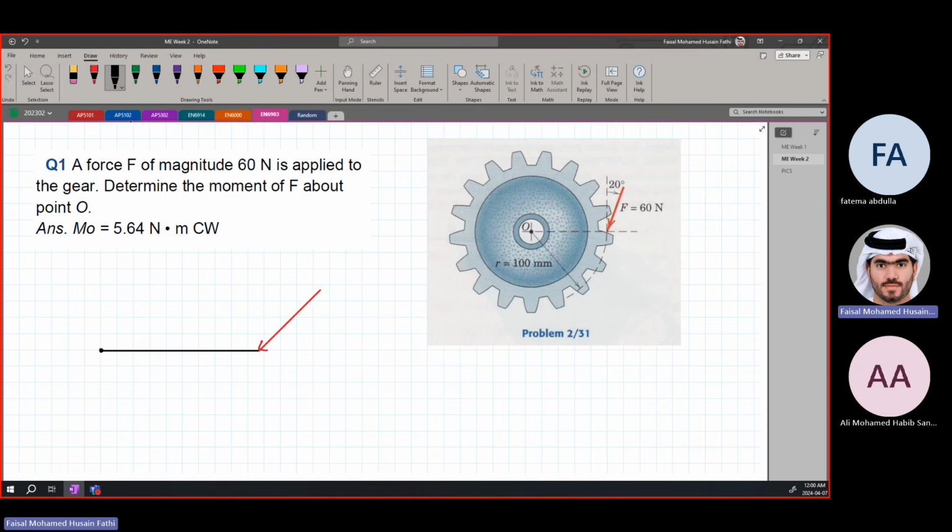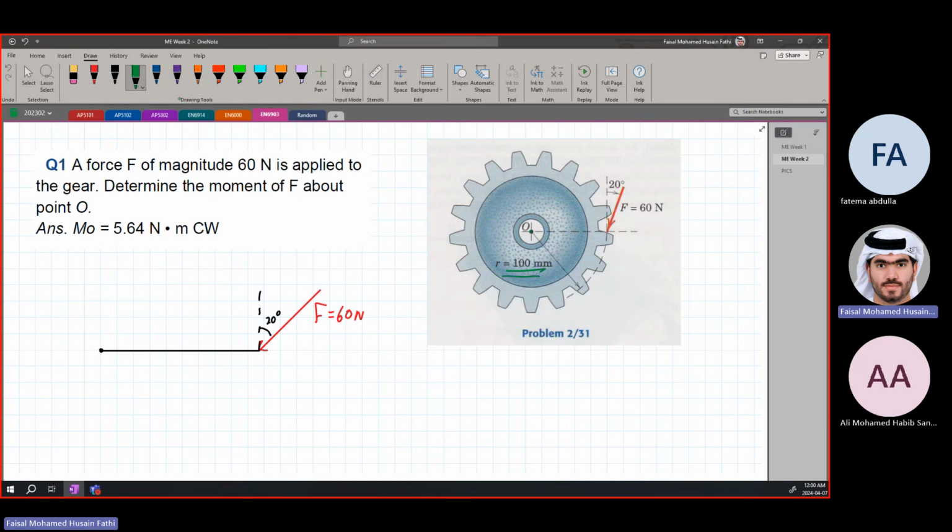And we know that the force is at 20 degrees, and the force is 60 newtons. And we are given the radius of the gear, equal to 100 millimeters over here. So this is a radius. So this is also the radius. The radius of a circle is the same everywhere around.